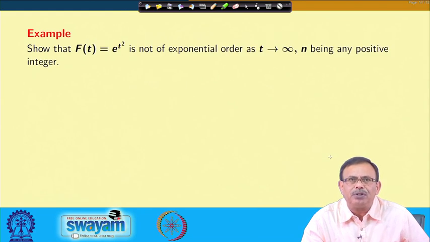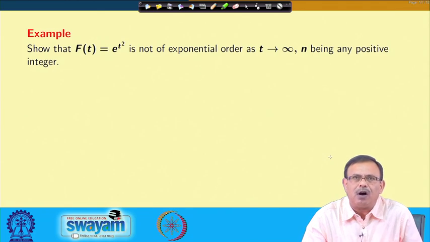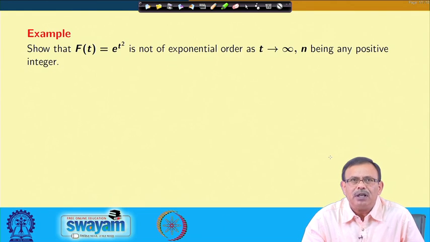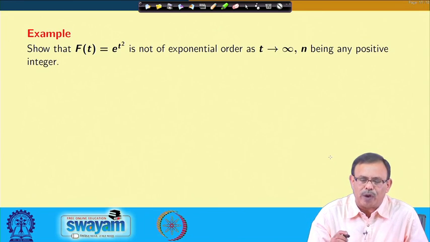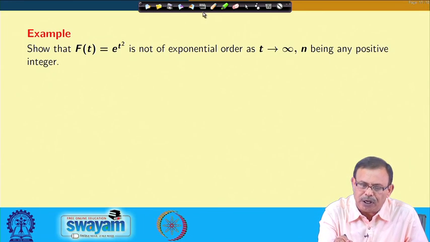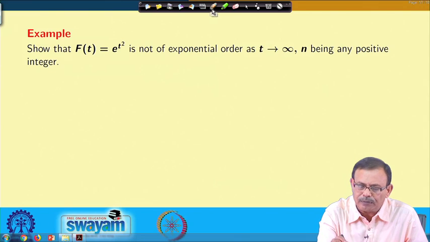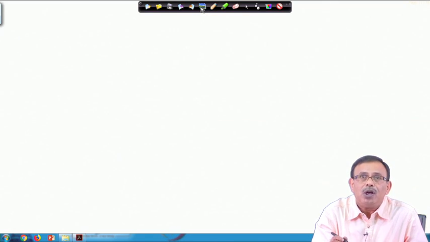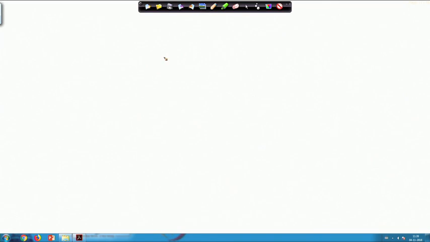Next example, we show that f(t) equals e power t square is not of exponential order as t approaches infinity. Means the opposite one, now we are showing that e power t square is not of exponential order alpha. For this one again we have to find the limiting value.